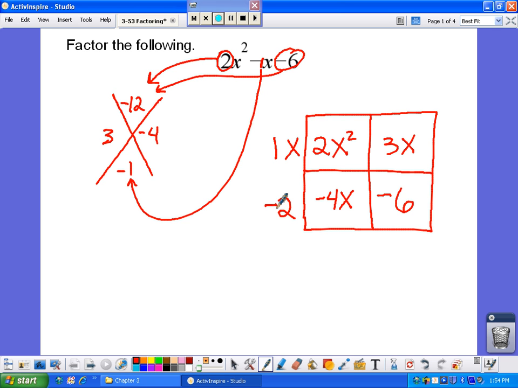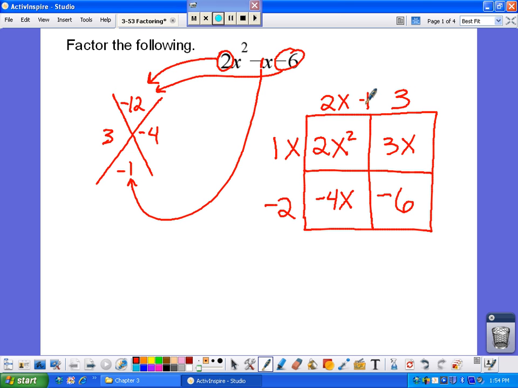And it is. So x times what would go up here should give me 2x squared. So x times 2x. X times what up here would give me 3x? So x times 3. Negative 2 times 2x is negative 4x. Negative 2 times 3 is negative 6.